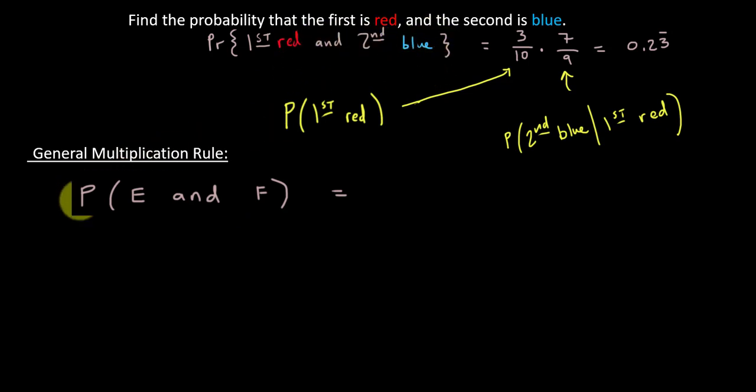So probability of E and then F, there's going to be some multiplication here, is the probability of E times the probability of F given that E has occurred.